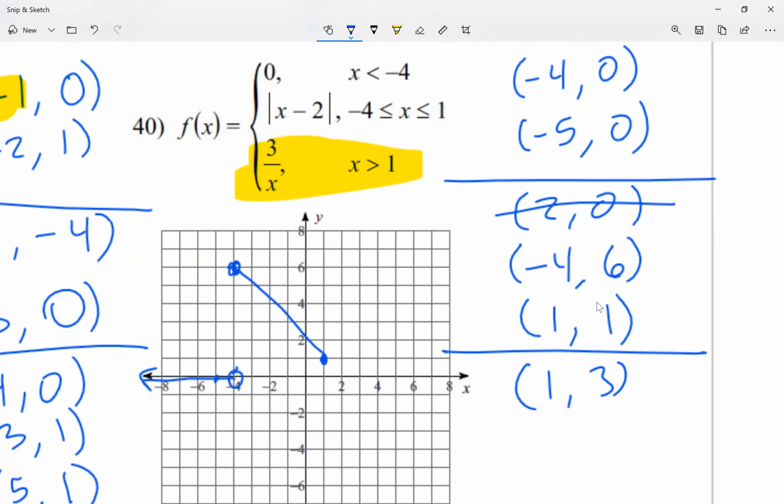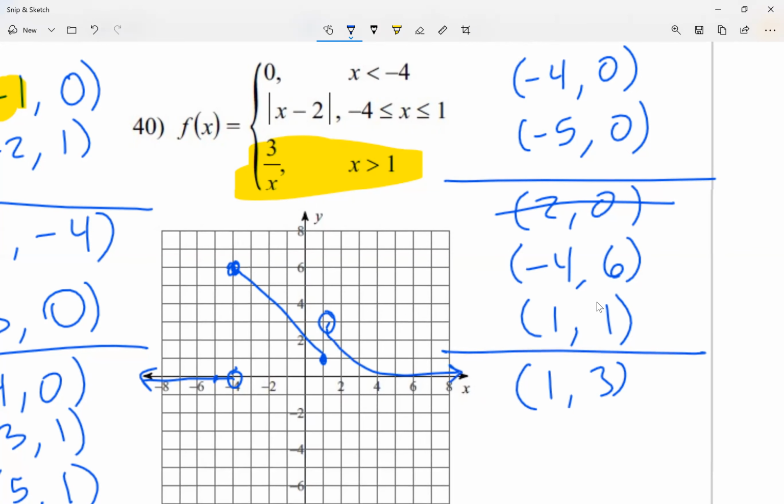So that gives me the point (1, 3), which is an open circle. And then I said it's trying to approach the x-axis. So it looks like that. Interesting.